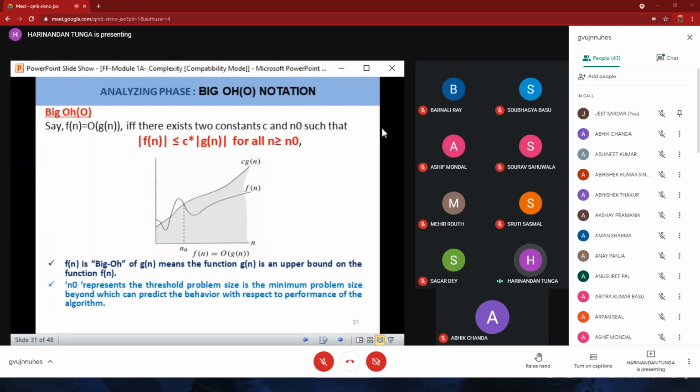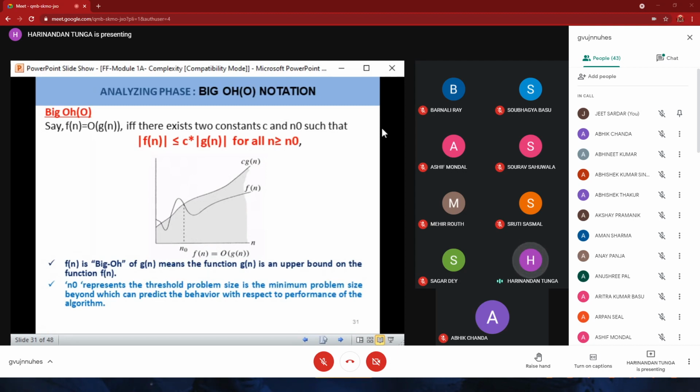The condition is mod of f(n) is less than or equal to c into mod of g(n). c is a constant and n0 is also a constant. n0 is the minimum problem size, that is the threshold. And these two functions f(n) and c into g(n) are plotted in the graph to express f(n) equal to order of g(n).